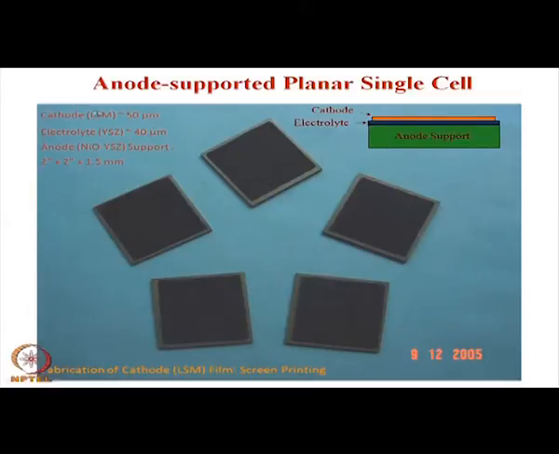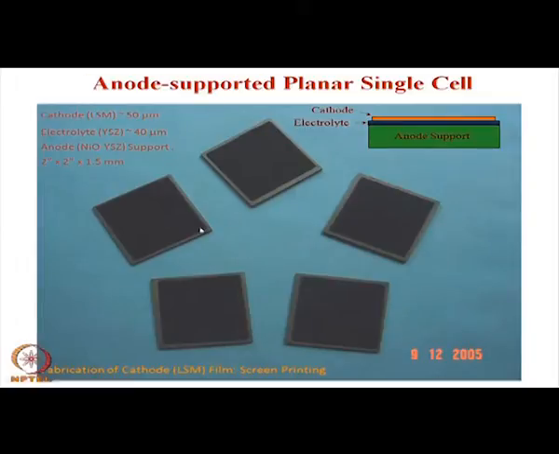So, the typical dimensions are there, 50 by 50; these are 4 inches by 4 inches I believe, no, these are 2 inches by 2 inches, 1.5 millimeter. Later of course, the same group is also making 4 inches by 4 inches cells. So, the electrolyte thickness is about 40 microns in this case, and cathode is about 50 micron, and this is about 1.5 millimeter.